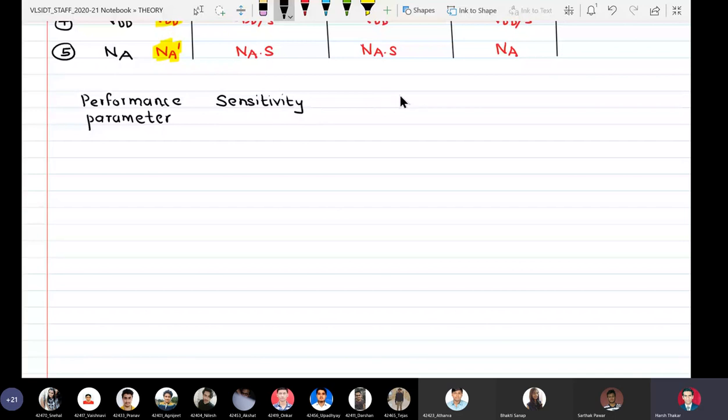And third, we write down the parameter which is obtained.